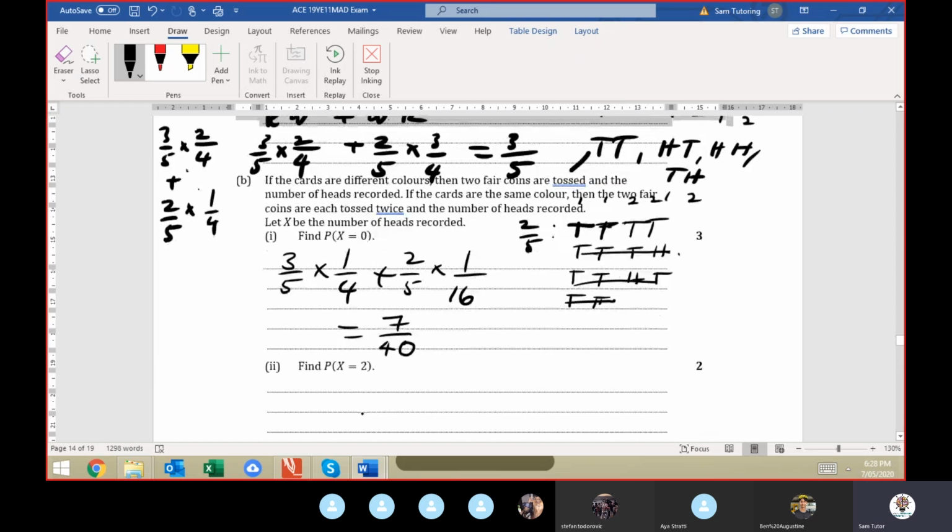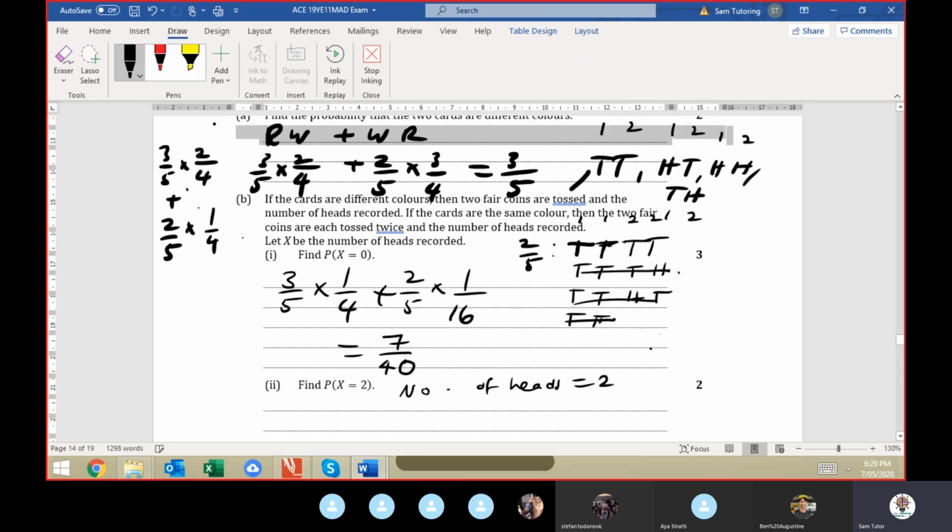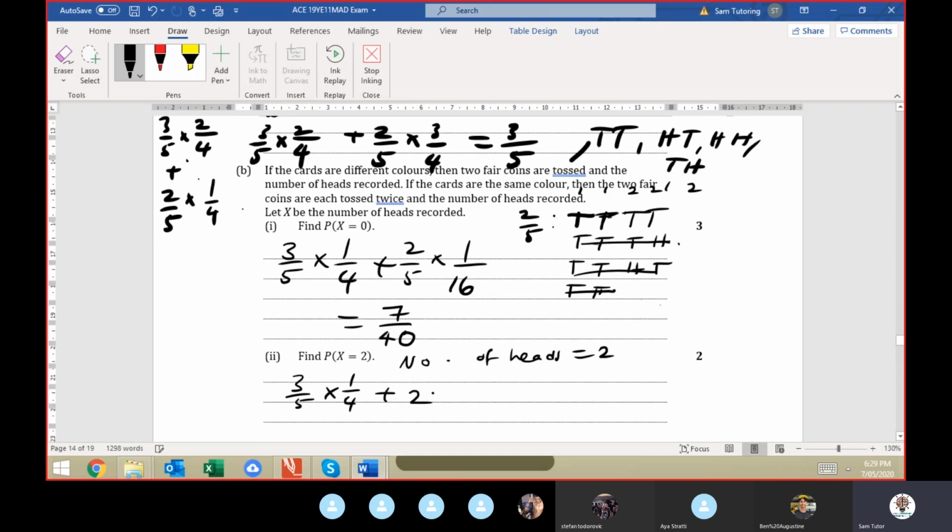So that means find the probability that the number of heads recorded equals 2. Well, that occurs, there you go. So 2 heads would occur 3/5 times. How would you get 2 heads? Again, that's a half times a half, which is a quarter, plus 2/5 times.